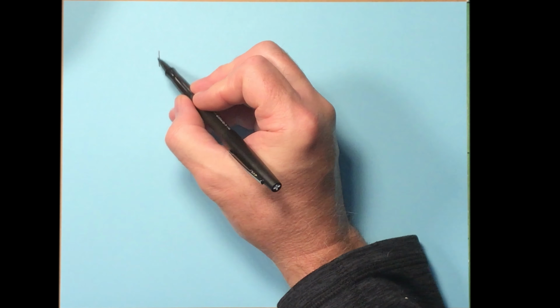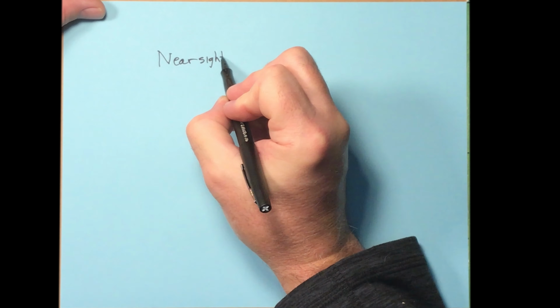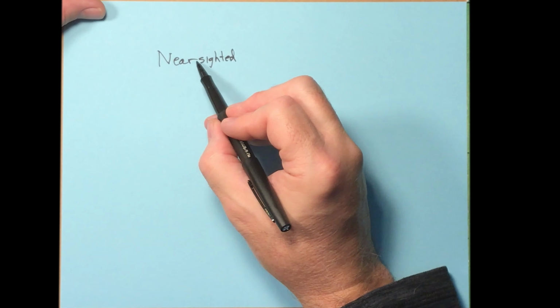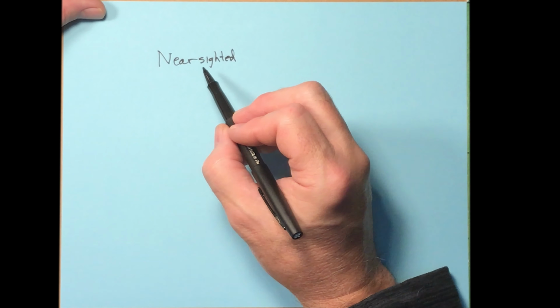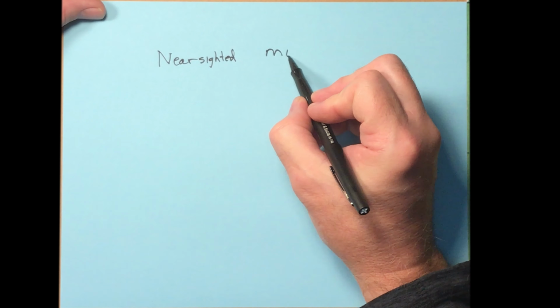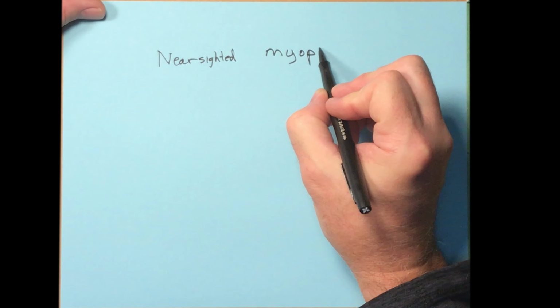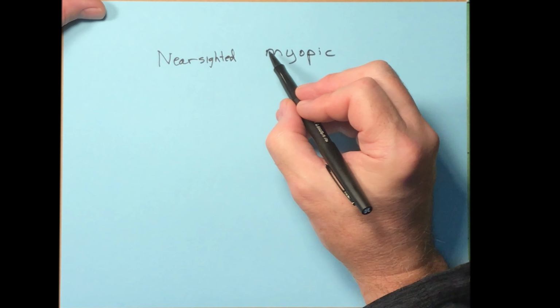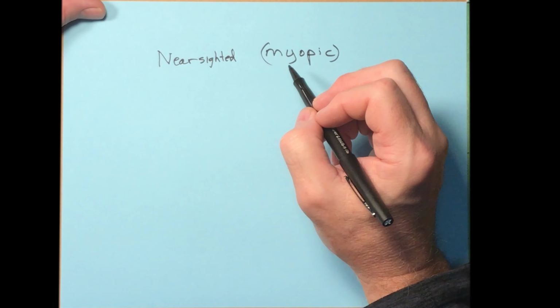As you age, your eye may grow, but the lens may grow at a slightly different rate, or it may warp, or there could be lots of problems here. If you are nearsighted, that means you see nearby things clearly. That's called myopia, or if you have that, you are myopic. Okay? And that can be fixed.